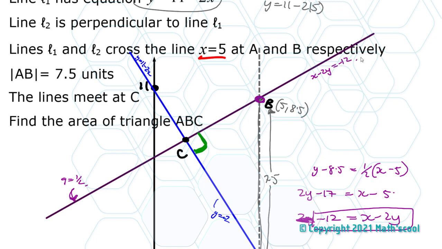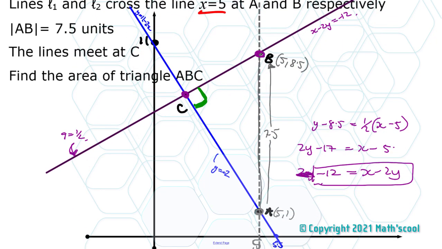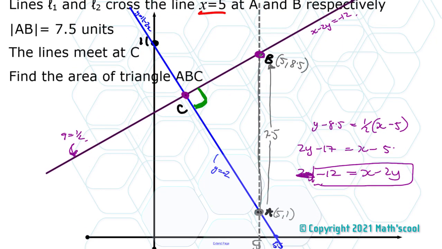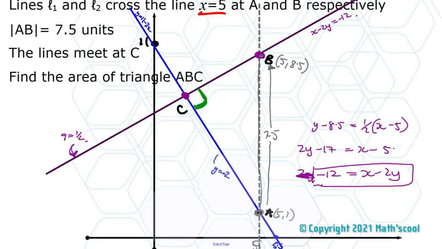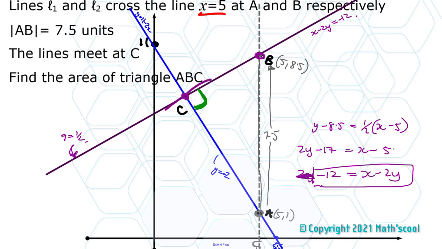Okay, so done that. I need to find where they meet, because the lines meet at C. It says find the area of the triangle. If I want to find the area of a triangle, I need to find where C is. So let's just do simultaneous equations between this equation here and this equation here to find where they meet.